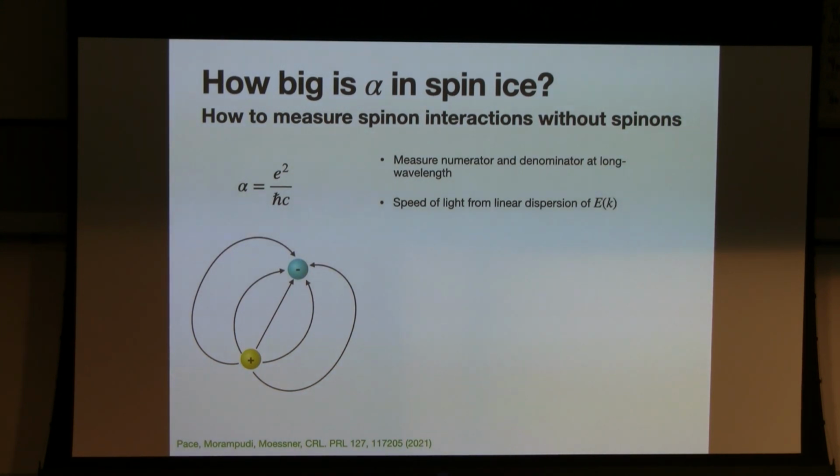We want to know what the effective couplings are. And the speed of light you can get from, say, a numerical calculation, the dispersion of the ground state energy with the momentum you force into your system, because that'll be carried by an excess photon. And that actually was done quite a while ago. It's one of the ways that people confirmed that these systems were in a deconfined phase.